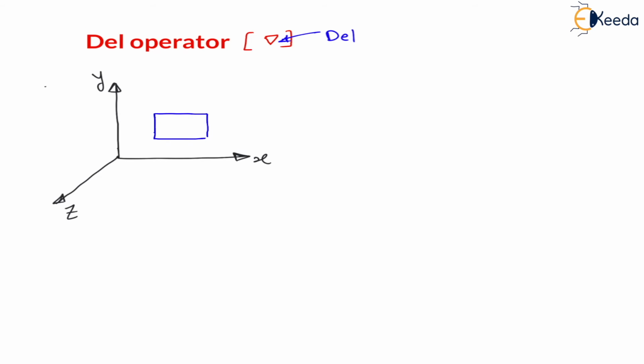Let us say this is the element, right, along all three directions. Now, my dear students, let us say this distance is a very small distance dx. This vertical distance is a very small distance dy, and here this distance is a very small distance dz. Therefore, this component is of dimension dx, dy, dz.